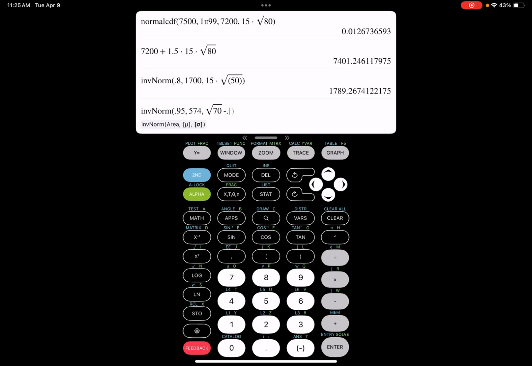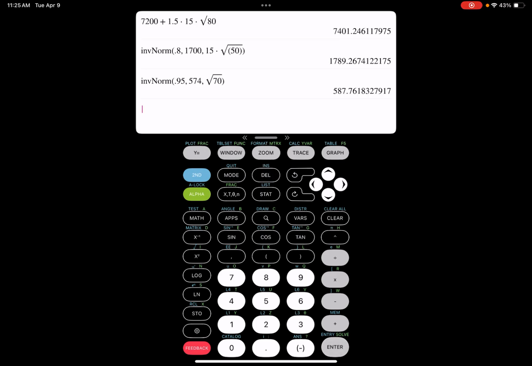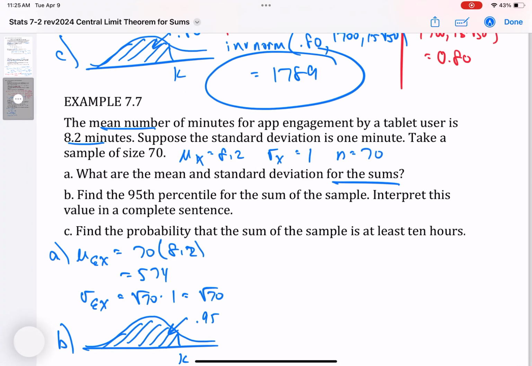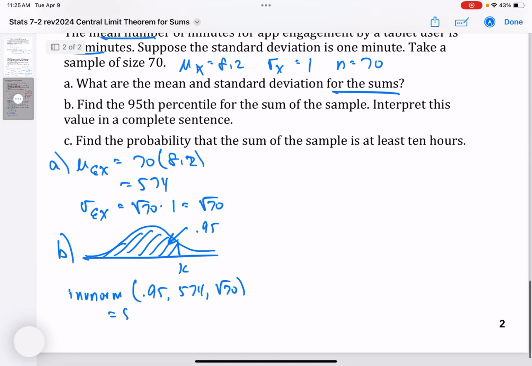Let's delete these other items. And we get 587.8. So that's going to be our 95th percentile.